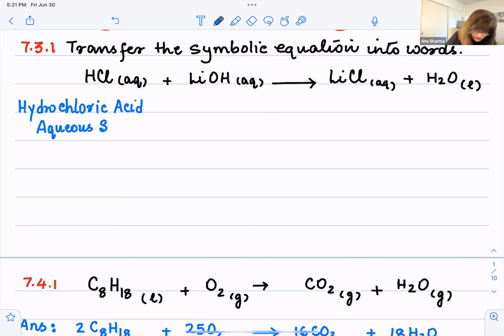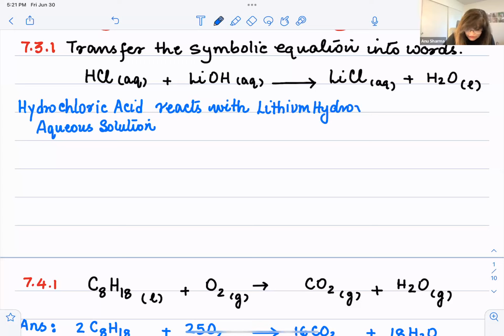Aqueous solution means it is in water. Hydrochloric acid, aqueous solution, reacts with what? Next, can you understand LiOH? LiOH is lithium hydroxide. You should be able to write the names and the formulas.